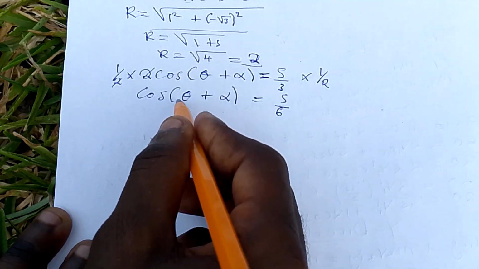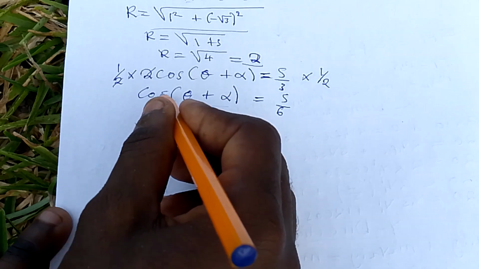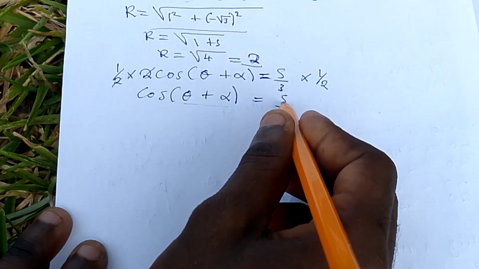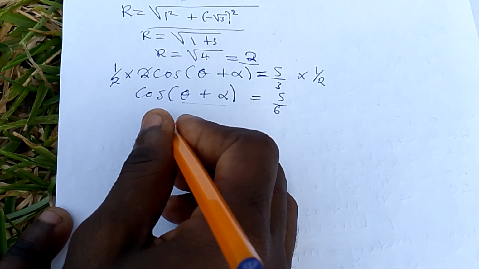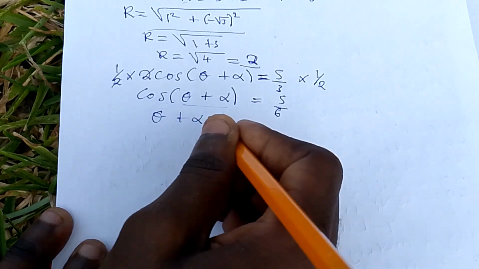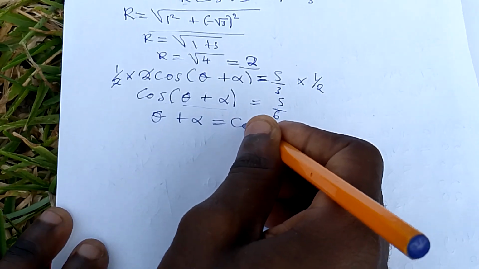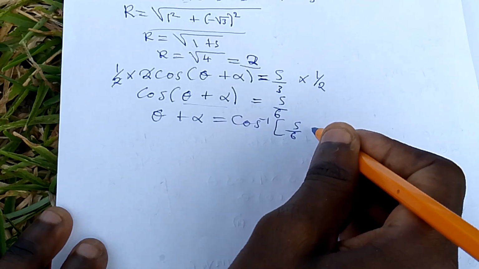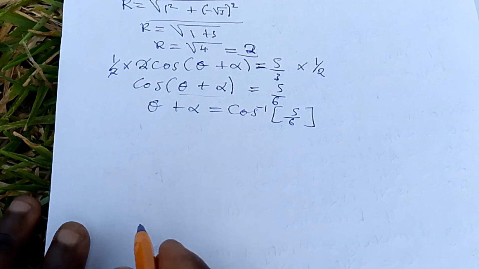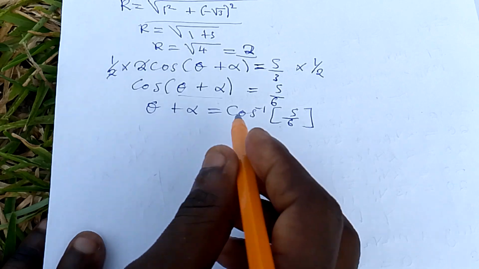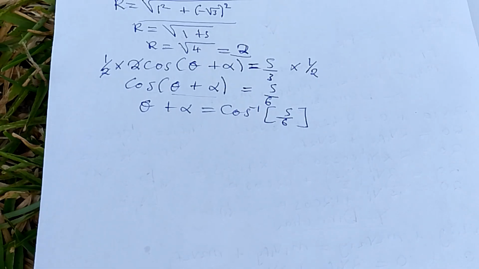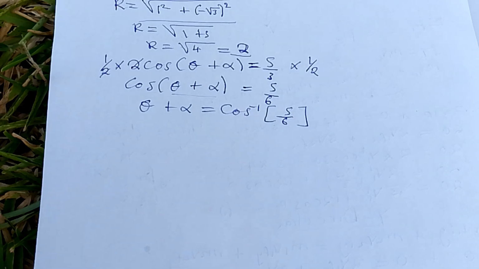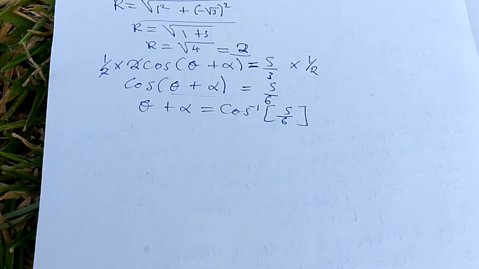Now, how do you find this one? We need to find the cos inverse of 5 over 6. So theta plus alpha equals, what is cos inverse of 5 over 6? Let me use a calculator from here.